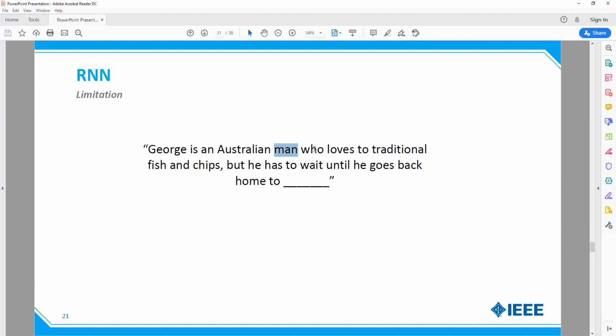Slowly, given this input, so if we were to get the input who, and we've already seen George is an Australian man, during this instance it tries to identify what information is not as useful.